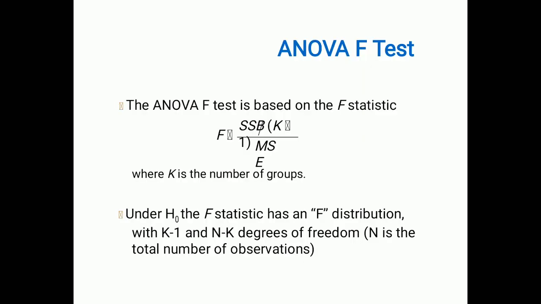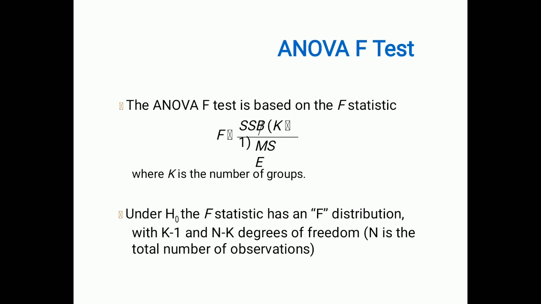Now the ANOVA F test, which is also called one-way ANOVA. The ANOVA F test is based on the F statistic: F equals SSB divided by K minus 1, upon MSE, where K is the number of groups.